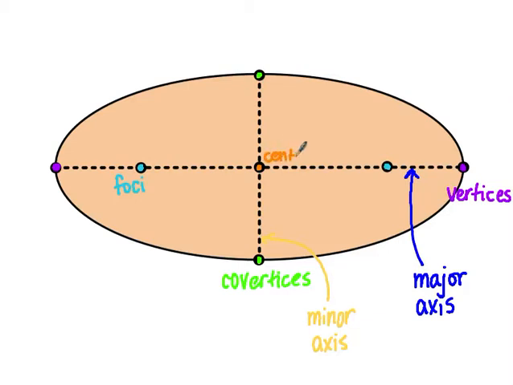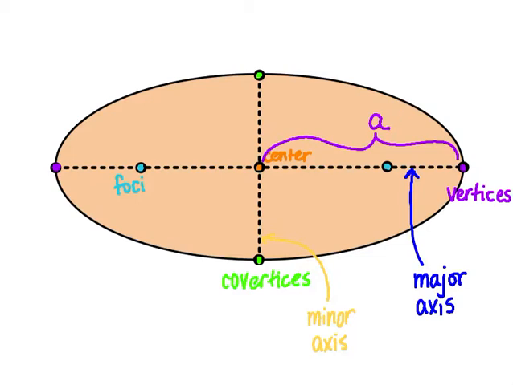Now a little bit about the ellipse. We're going to learn some terminology as to what signifies what. First of all, the distance from the center to the vertex, or vertices, is known as A. That distance is always A. You're probably wondering what A is, but when we get to the formula, you'll see.